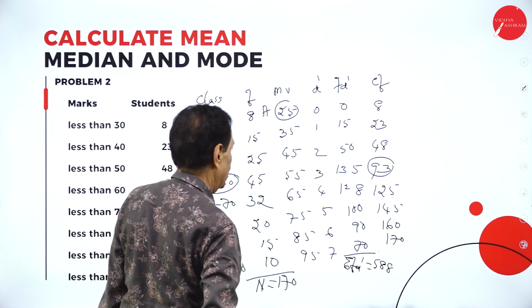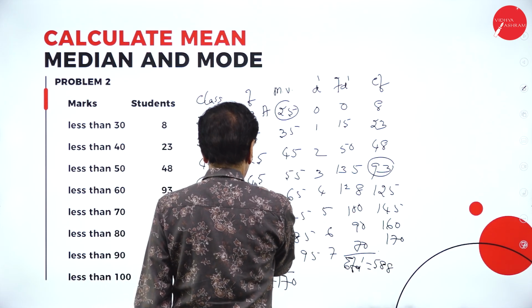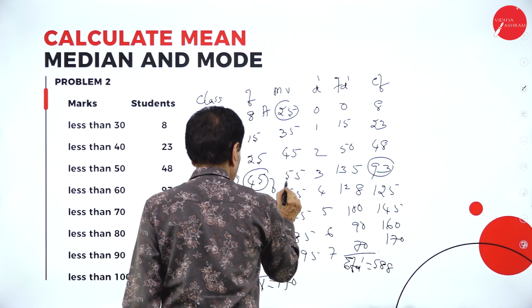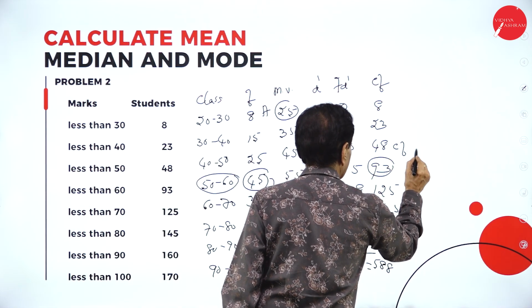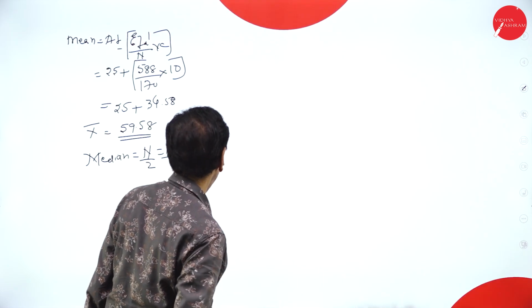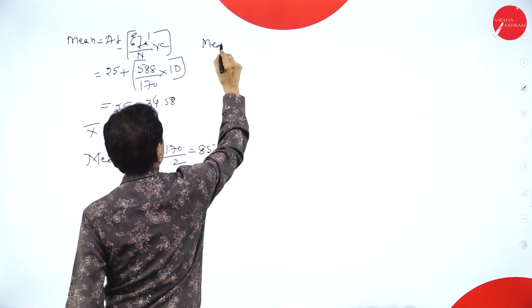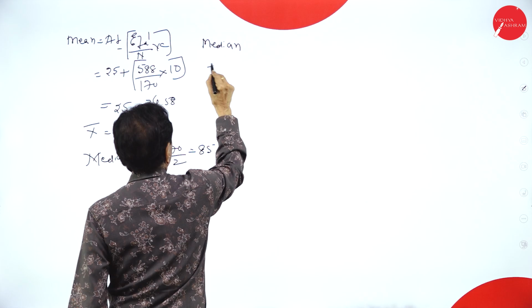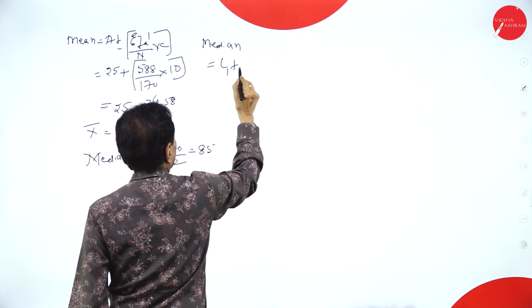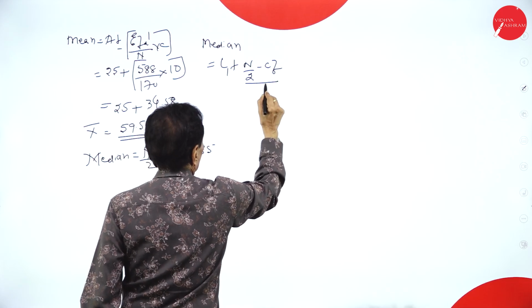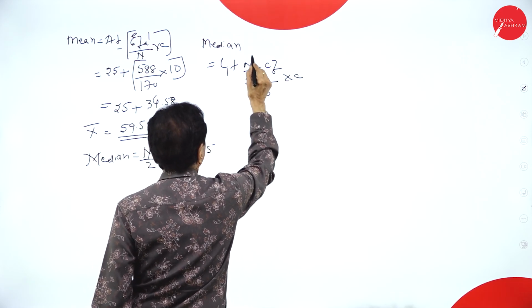This is the class you have to select. This is your frequency, F. This is your CF. Apply the formula. Median is equal to L1 plus n by 2 minus CF over F into C.